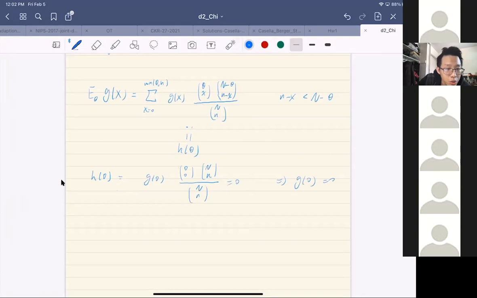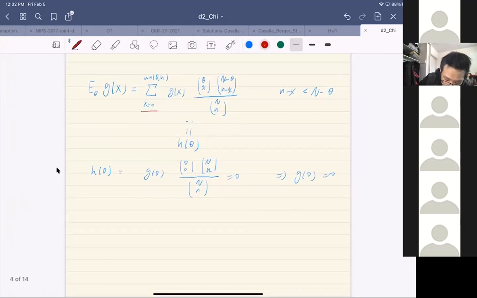It's not an exponential over theta or x. Expectation over x, so with summation x, theta is the unknown parameter. Okay. So we have this.